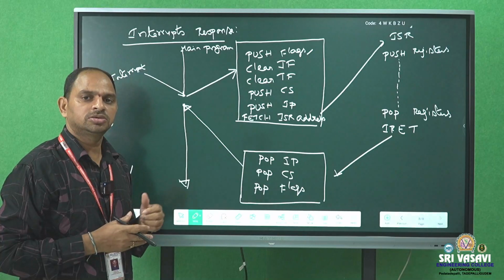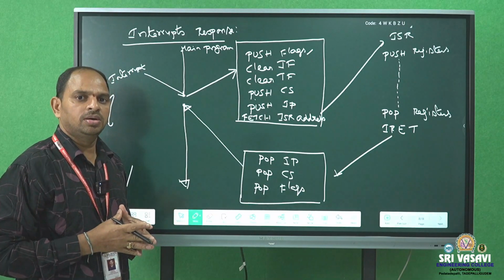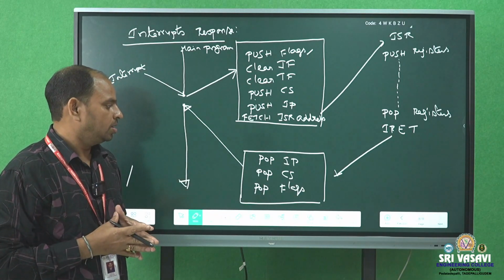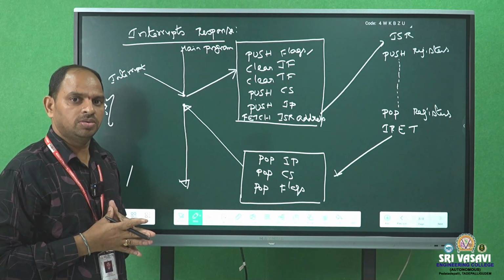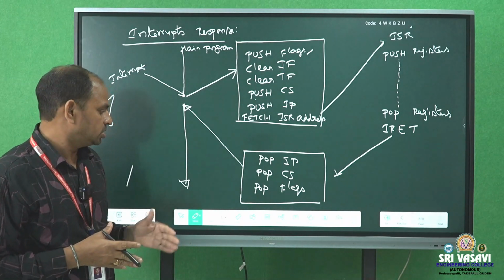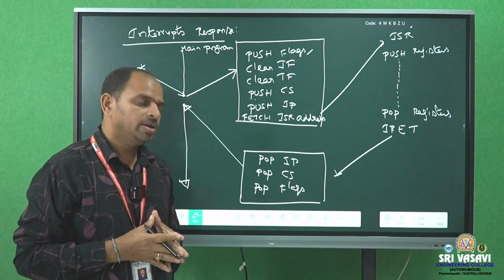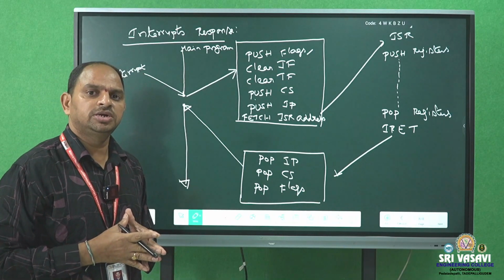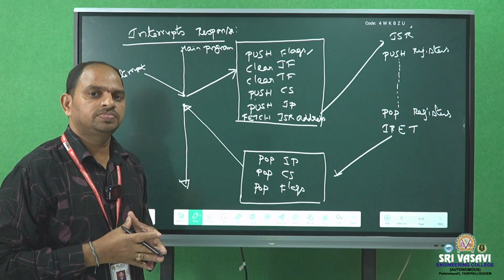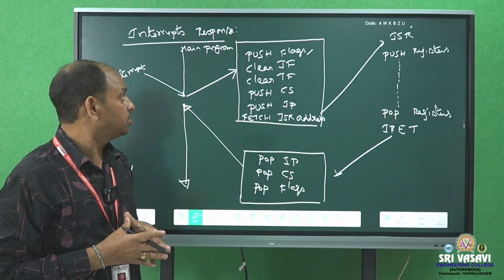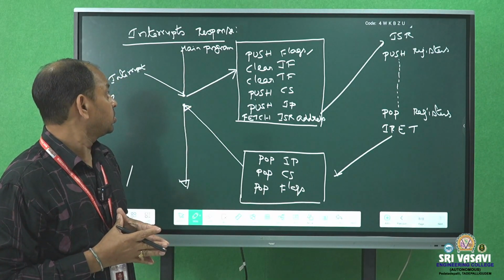So this is the interrupt response. This is about the overall interrupts in 8086 and also the types, then the interrupt vector table, then the interrupt response.